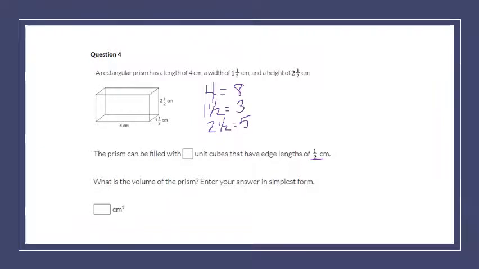So now I'm going to find the volume of all of that: 8 times 3 times 5. And I get that that volume is 120. But that's 120 not centimeters, but unit cubes. So now I have to find out the volume of that unit cube. So it's 1/2 times 1/2 times 1/2.